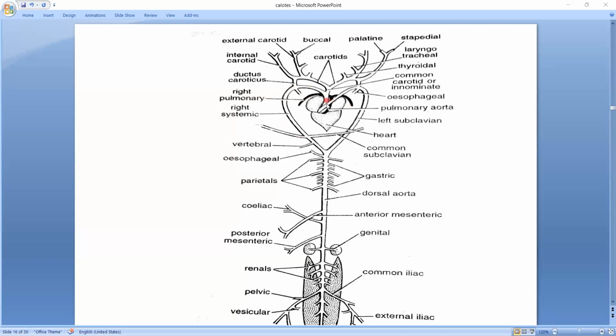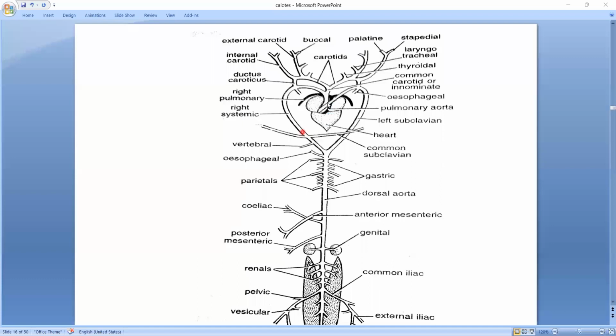So immediately after crossing the auricles, both left and right systemic aorta turn back surrounding the esophagus, and they move towards the posterior, and they join with each other to form the dorsal aorta. So this one is the dorsal aorta. Before joining with each other, the left and the right systemic aorta give various arteries.